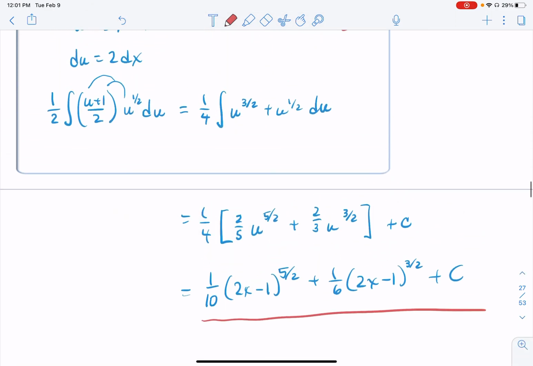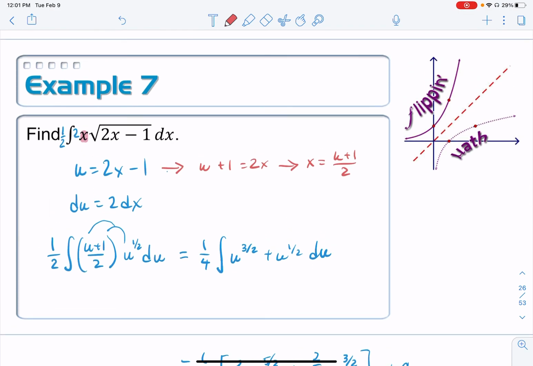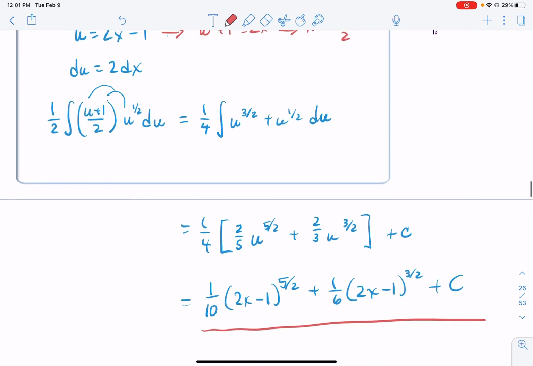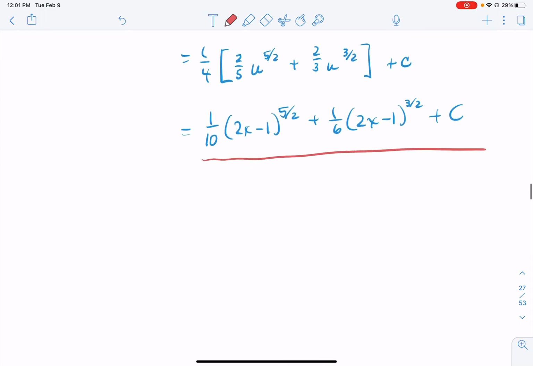How confident are you about this? There's no way. When you take its derivative, how is it supposed to simplify down to this? I'm not convinced. So there's only one thing left to do. Take the derivative and let's see. So when we take the derivative of this, 1/10, leapfrog our power down, 5/2 multiplied times 2x minus 1, subtract 1 from the exponent, so 3/2, yeah.